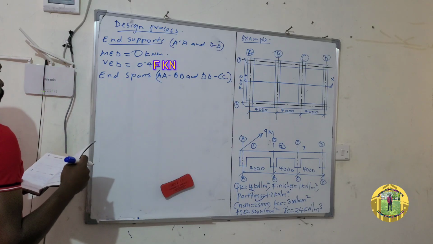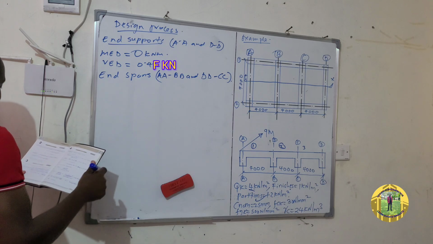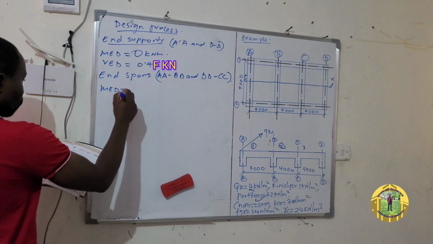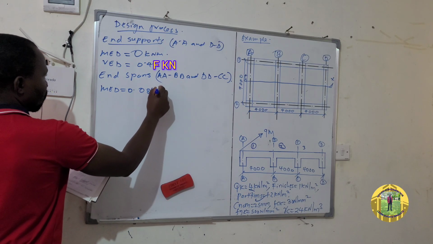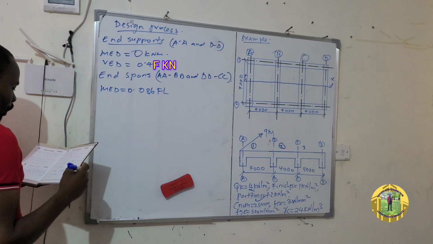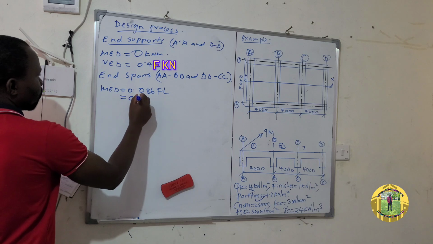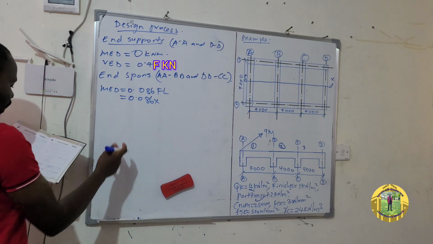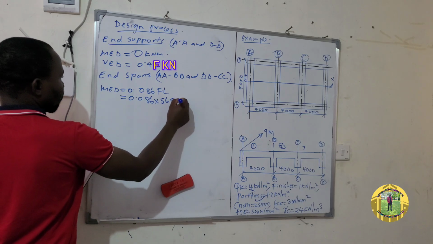So if you proceed to the table, you will see that the end span MAD is equal to 0.086 FL. So this one is equal to 0.086 times F. We have already calculated F, which is 56.92.